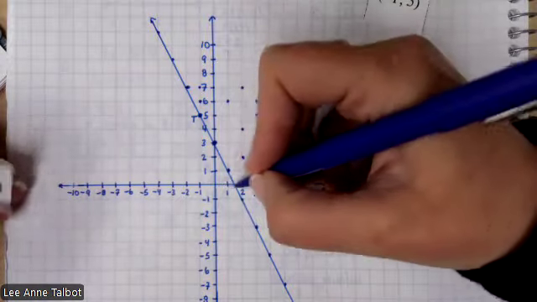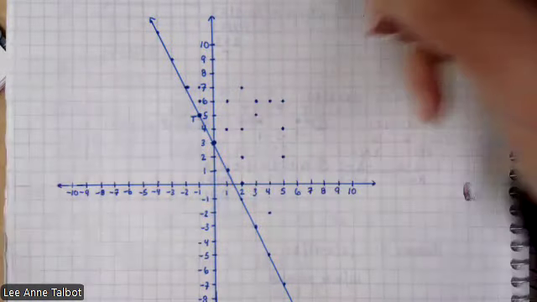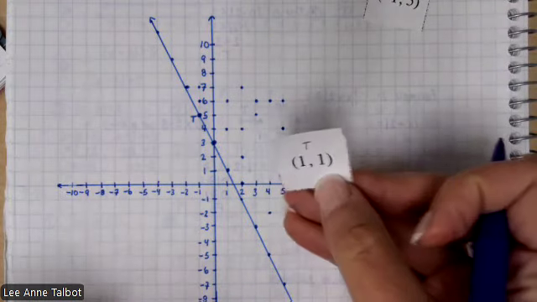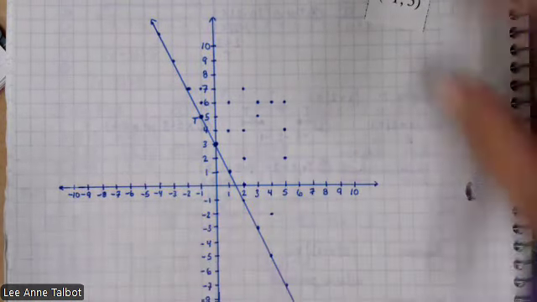Okay, that's the last one of those. All right. Oh, nope. I forgot about 1, 1, but he's already graphed right there.